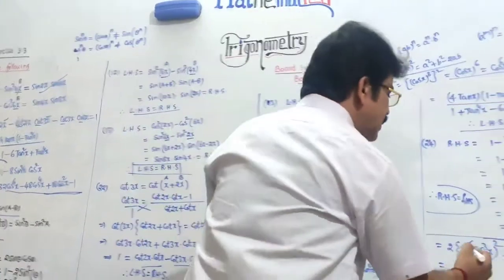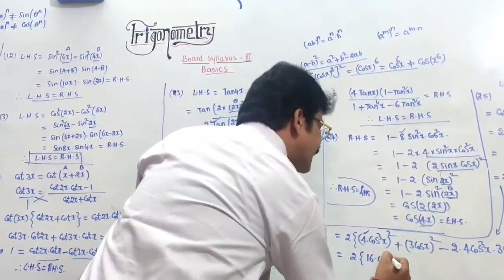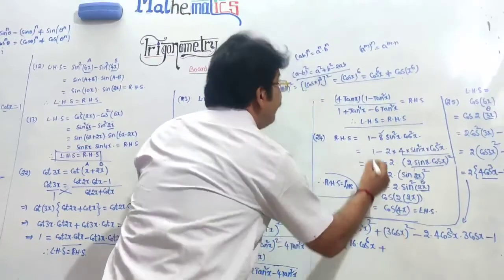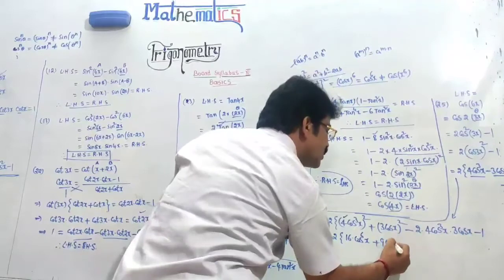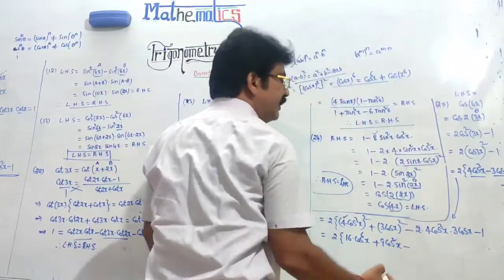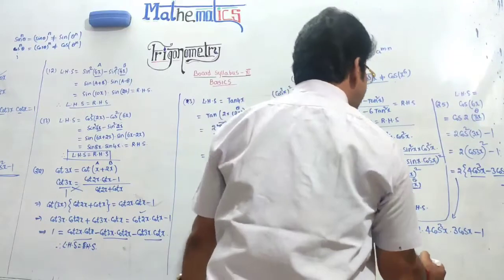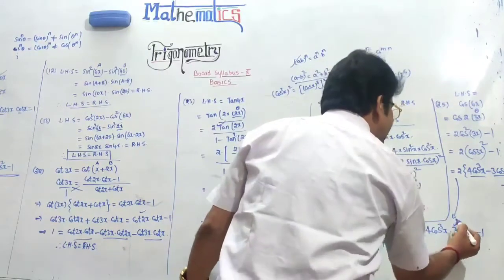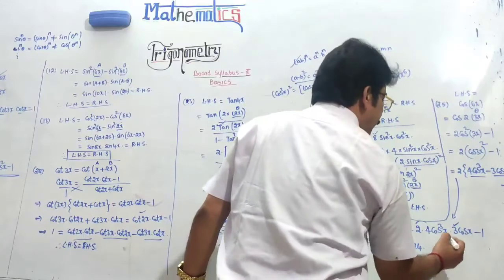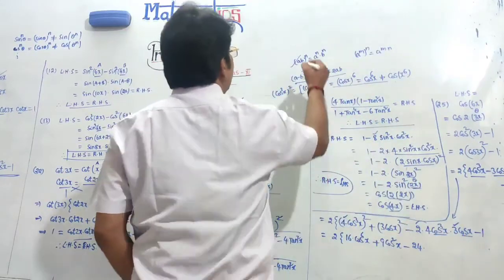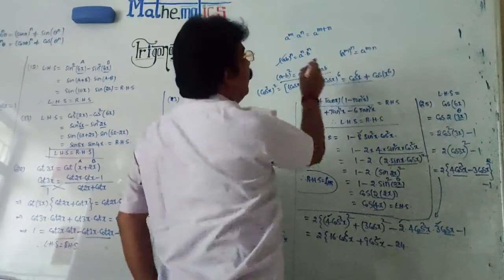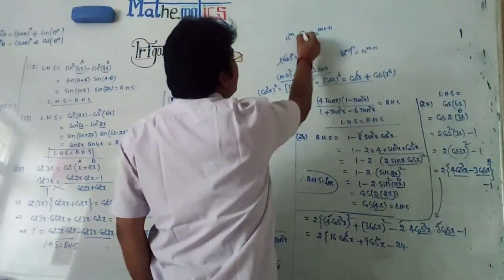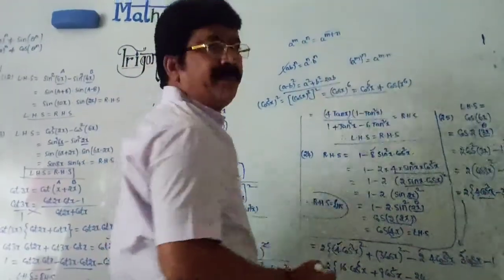Next, cos to the power of 6x. Next, with the same formula, 3 square is 9 into cos square x, minus 2 into 4 is 8, 8 into 3 is 24, 24 cos cubed x into cos x. Here, a to the power of m into a to the power of n equals a to the power of m plus n.